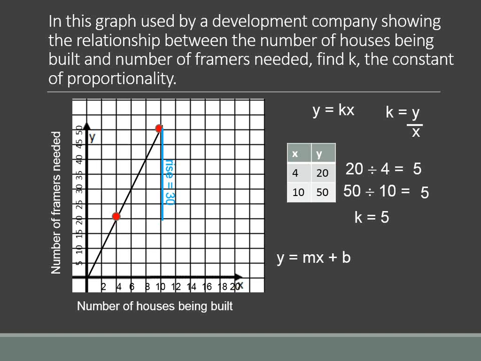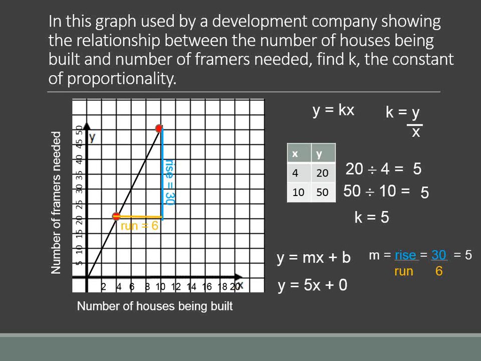If we are seeing it as the equation of a line, let's fill in the parts that are missing. So I put in the rise and the run using those 2 points that I have on the line. And so now I'm able to find m equals rise over run, which is 30 over 6, which is 5, that same 5 that we already found.